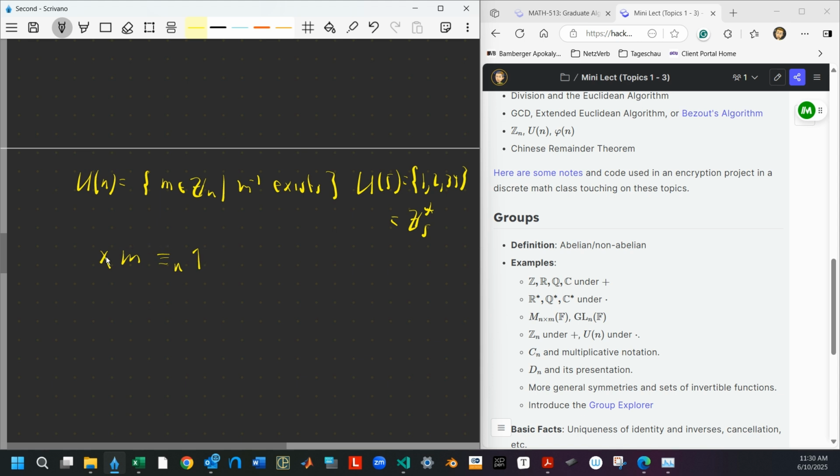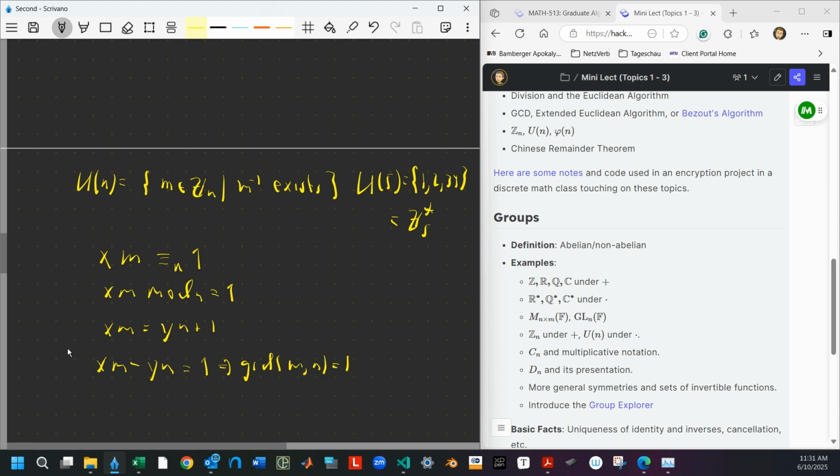And so writing this out, what this means is that xm mod n is equal to 1, and so that means that xm equals yn plus 1, right? So xm minus yn equals 1. Okay, and this implies that the GCD of m and n is 1.